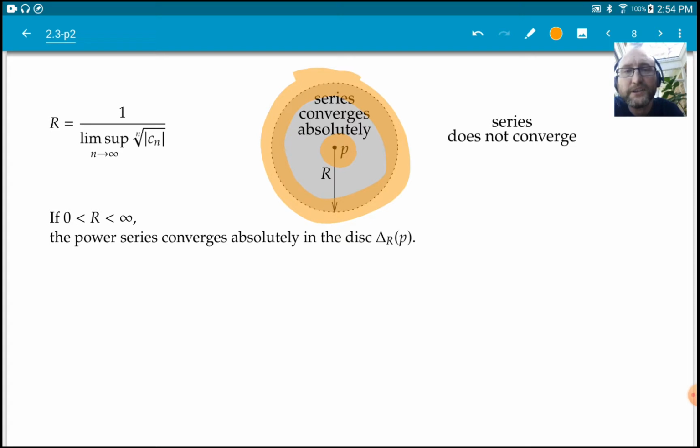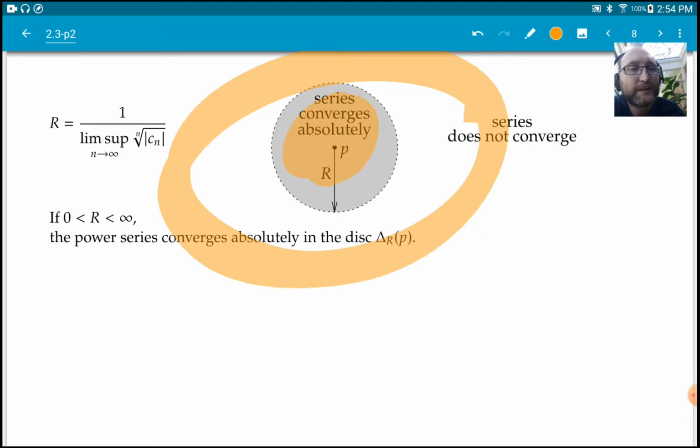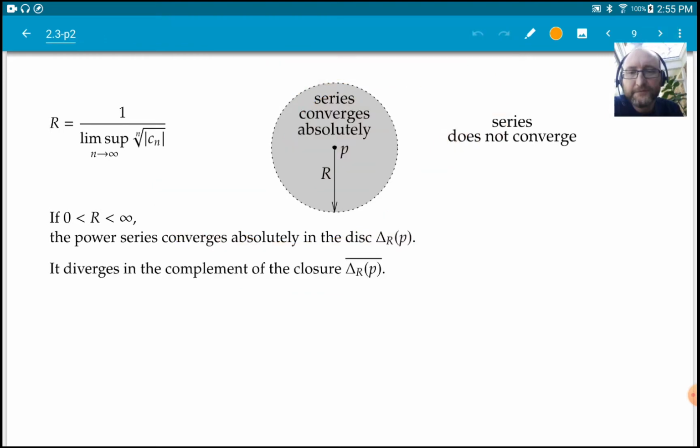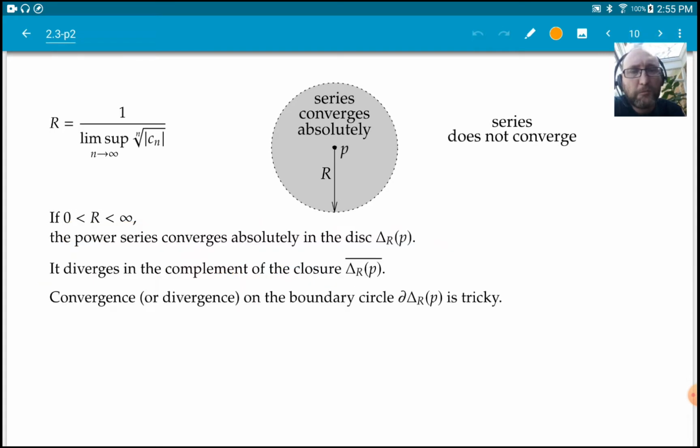But if it's some finite number, then it's this nice disk, and the series converges absolutely inside and diverges outside. Right, that's what I said. It diverges on the complement of the closure and converges inside. Now, it doesn't say anything about the boundary.